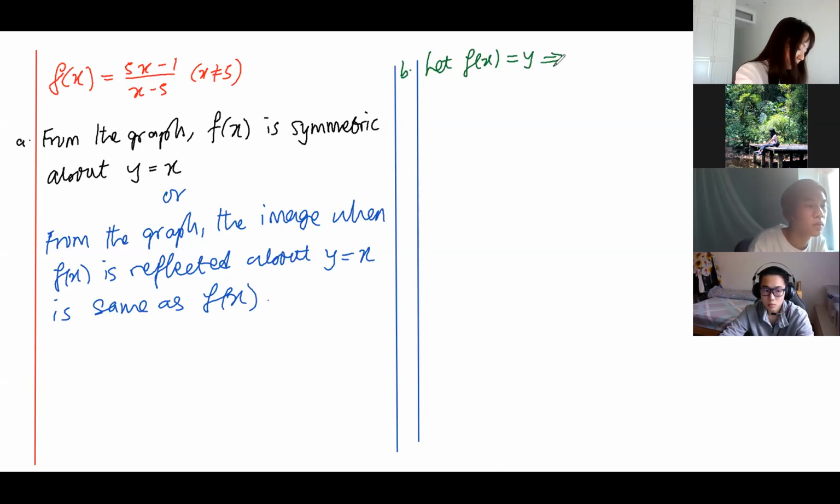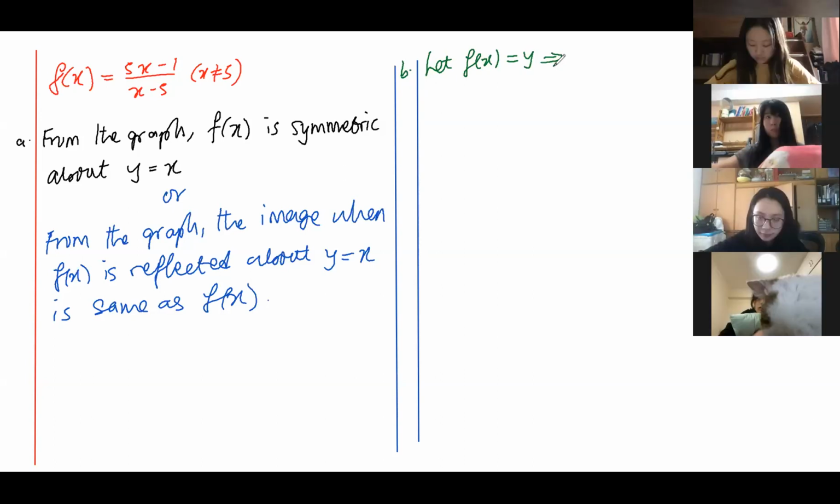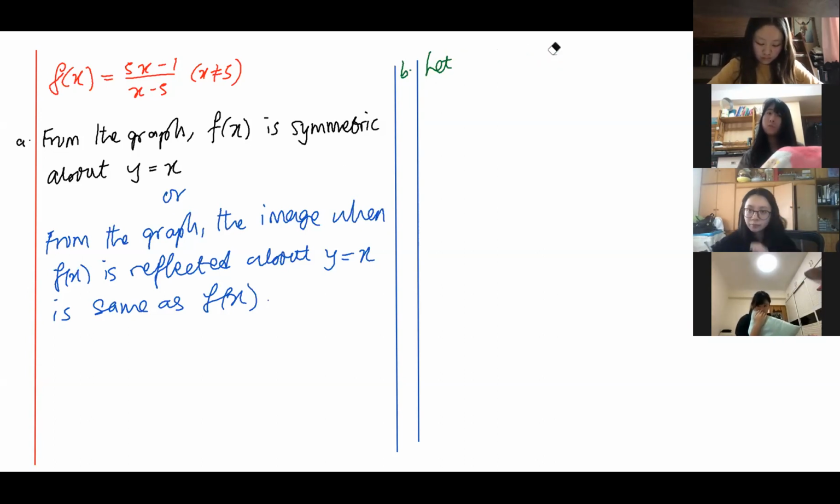If f of x is y, Clarissa, what does this imply? Y equals 5x minus 1 over x minus 5? No, that's not the one. Okay, wait. Let's say let y be f of x.